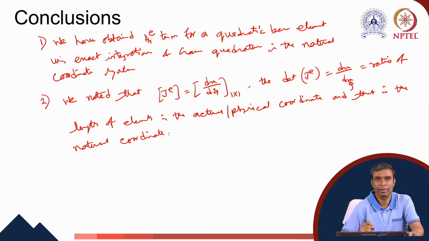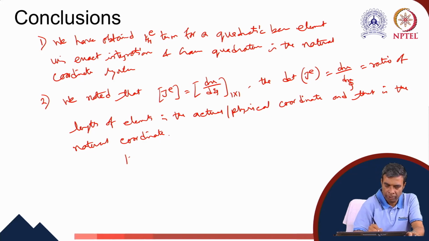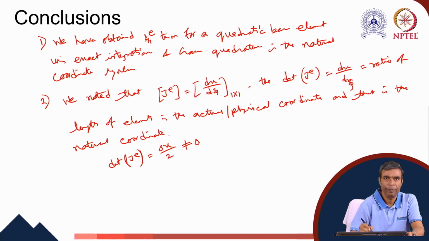Since the lengths will always be positive quantities, from here we understand that the determinant of the Jacobian matrix should be a positive quantity, and then we cannot divide by 0. It means that the determinant of the Jacobian matrix cannot be 0. So determinant of the Jacobian equals delta x by 2, it cannot be 0, or the value of the Jacobian matrix determinant should not be close to 0.